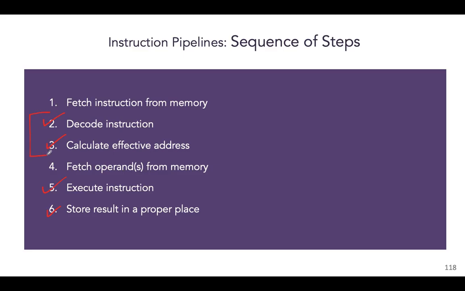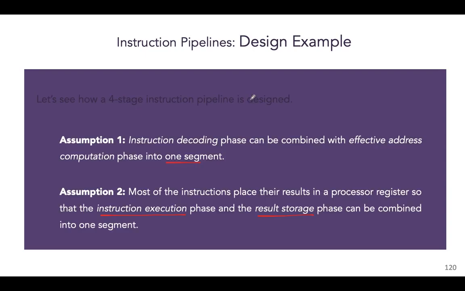First, 2 and 3 are performed in one segment, and 5 and 6 are performed in one segment. So this is how we are designing a 4-segment instruction pipeline that essentially performs these 6 steps, but since we have combined multiple steps into a single segment, we have a 4-segment pipeline.